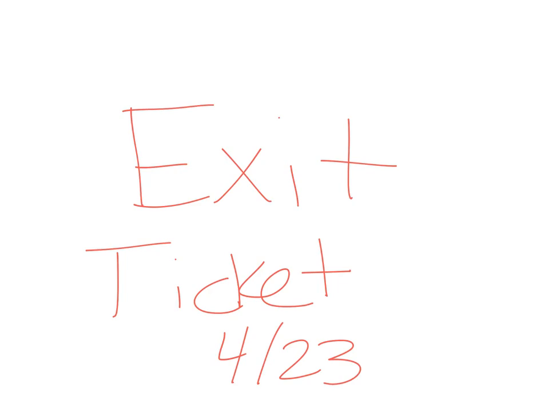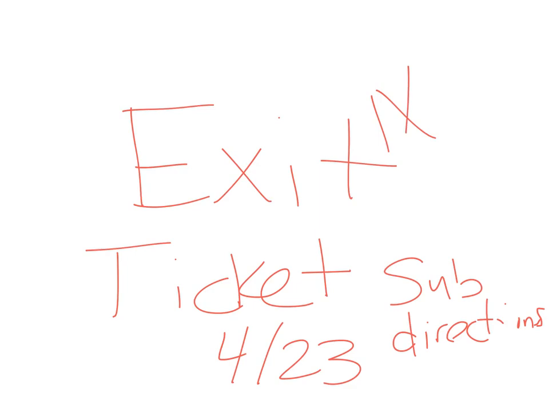You need to do the exit ticket. It's showing me whether or not you understand your articles in a negative sentence. So do it without notes. So notes are no. Do it without friends. So no help from friends.